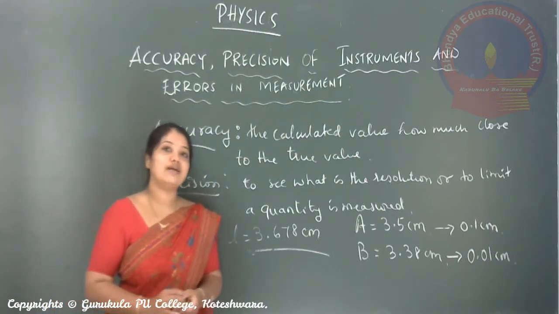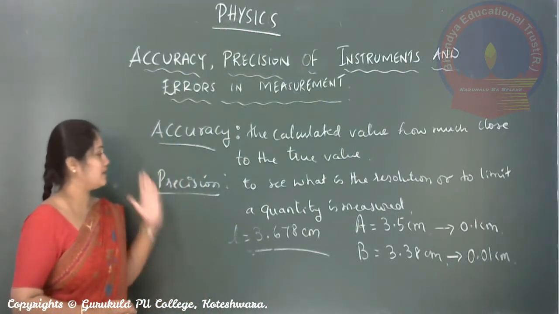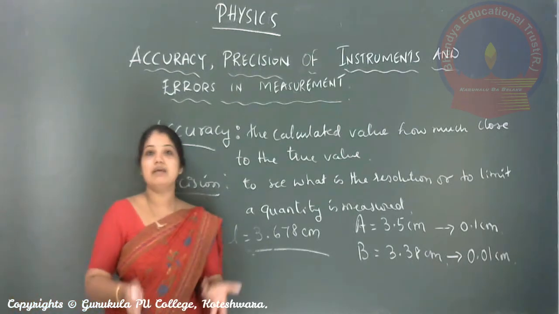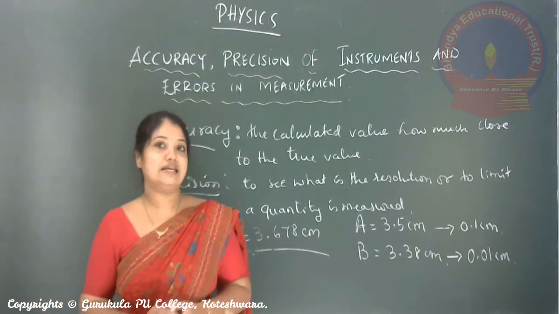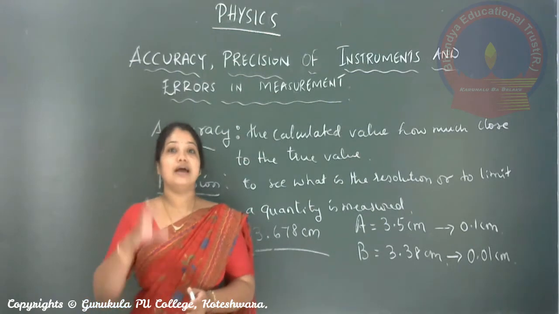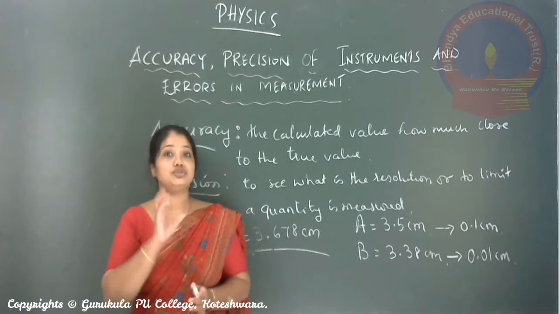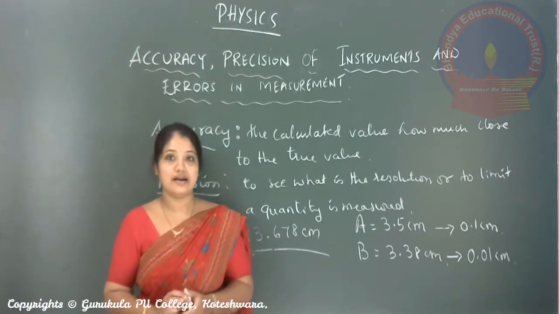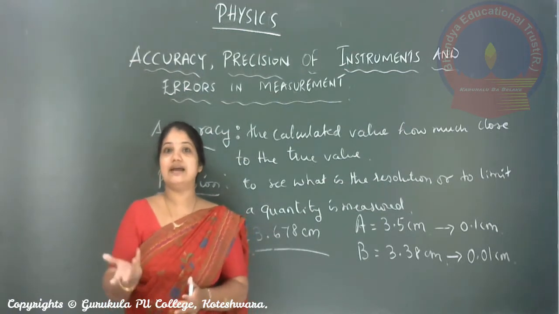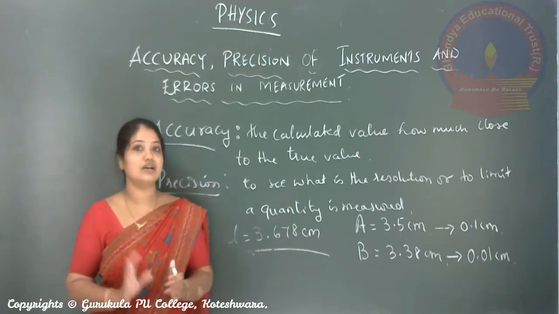Now why do we need to study accuracy and precision? Remember, if you don't succeed in getting the exact value, the true value, then you will get errors, and the result will always be wrong.